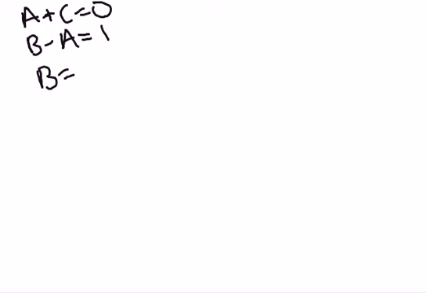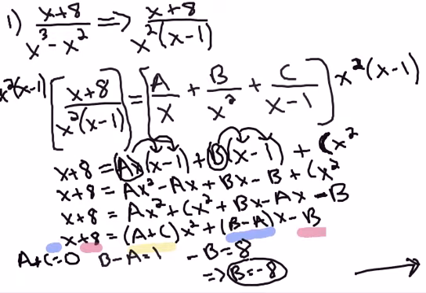So let's write that here. A plus c equals 0. It's a little sloppy. B minus a equals 1. And we already know that b equals, according to the previous page, negative 8.